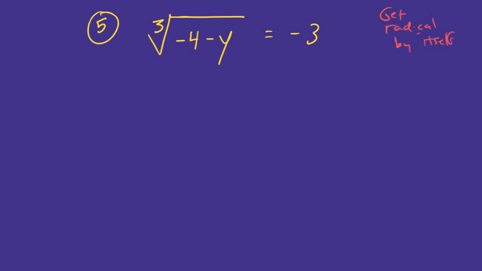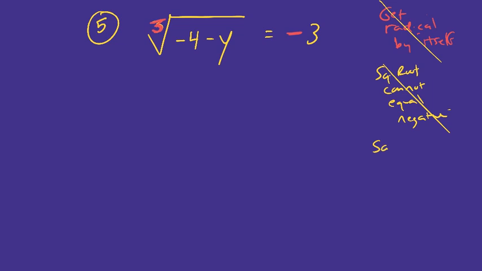Like I said on number 4, the square root cannot equal a negative. This one is equal to a negative, but you'll notice it's not a square root. It's a cube root, so we don't have to bother with that. So I'll go ahead and write that again. Square root cannot equal negative, but doesn't apply here because it's not a square root.